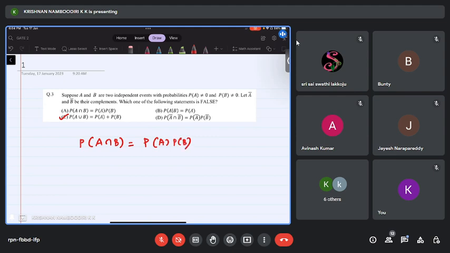Option B comes from the definition of conditional probability.